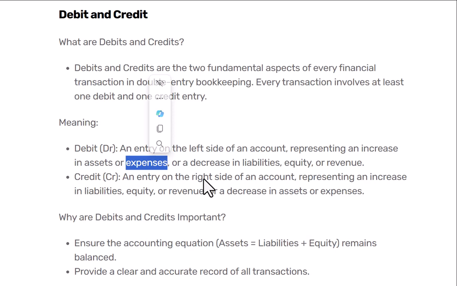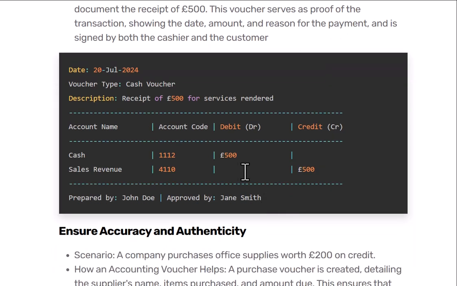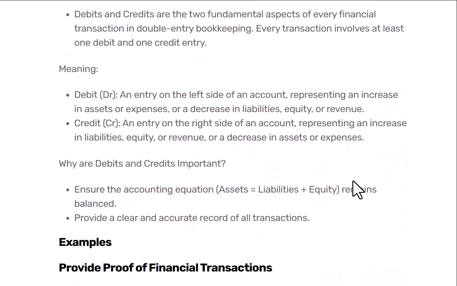In the future, we are going to learn and understand more while we are developing the software. If we put a debit for liabilities, equity, or revenue accounts, it is decreasing them. In this voucher, we are crediting the revenue, so we increase it. We are not debiting the revenue. If the amount of 500 was on the debit side for the revenue, that would mean I decrease the sales.